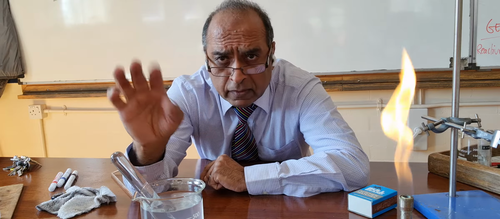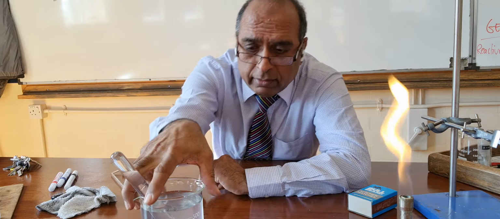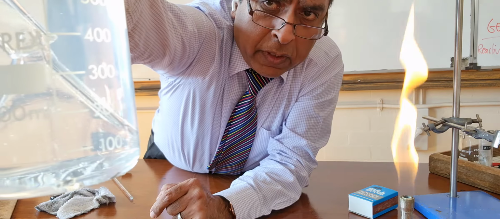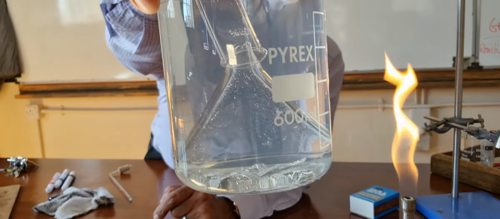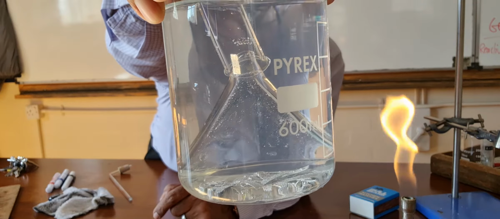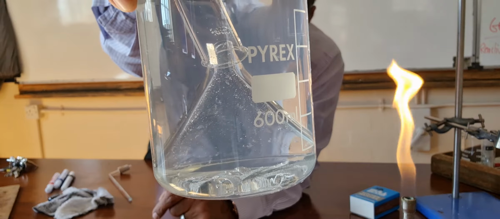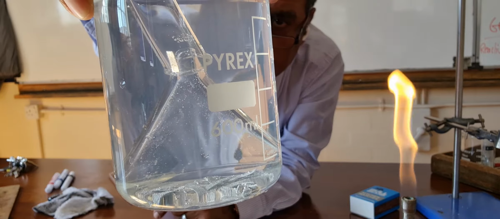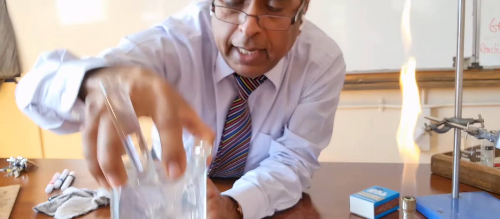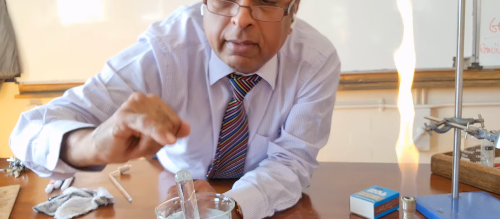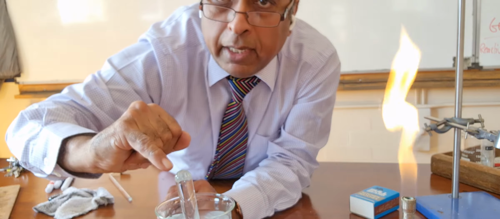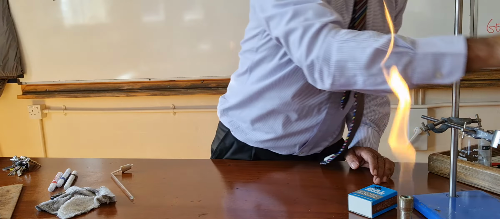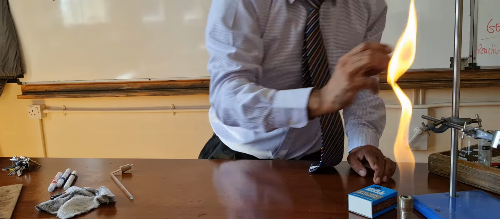Actually, if I show you the next demonstration, then we can come back. Can you see? You might be able to see bubbles. There are bubbles rising up in that funnel, rising up from the pieces of magnesium that are trapped underneath the funnel. See those bubbles? And they are collecting into a sizable bubble here where my little finger is. We'll come back and have a look at those in a minute after this next demonstration.